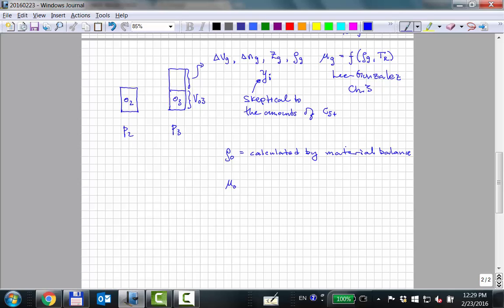The oil viscosity is actually measured directly, but in a separate parallel experiment. The same kind of procedure, a parallel differential liberation test, where basically the depletion is going on not in a PVT cell, but in a viscometer cell, a high pressure viscometer.